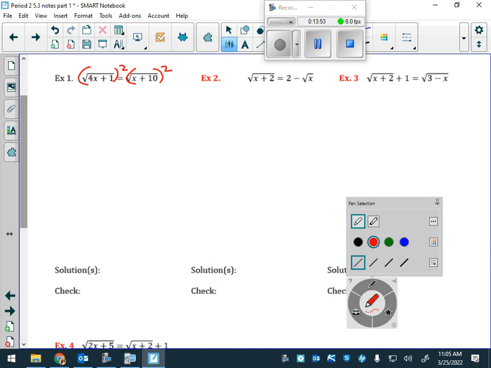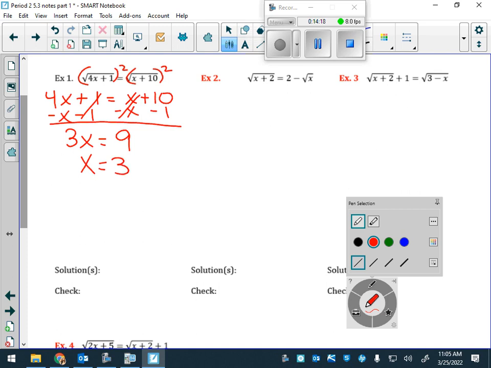Because we have to get rid of the radicals, so we square both sides. So we have 4x plus 1 equals x plus 10. This is very straightforward. From here, you could solve. So minus x. So we have 3x equals 9. X equals 3.